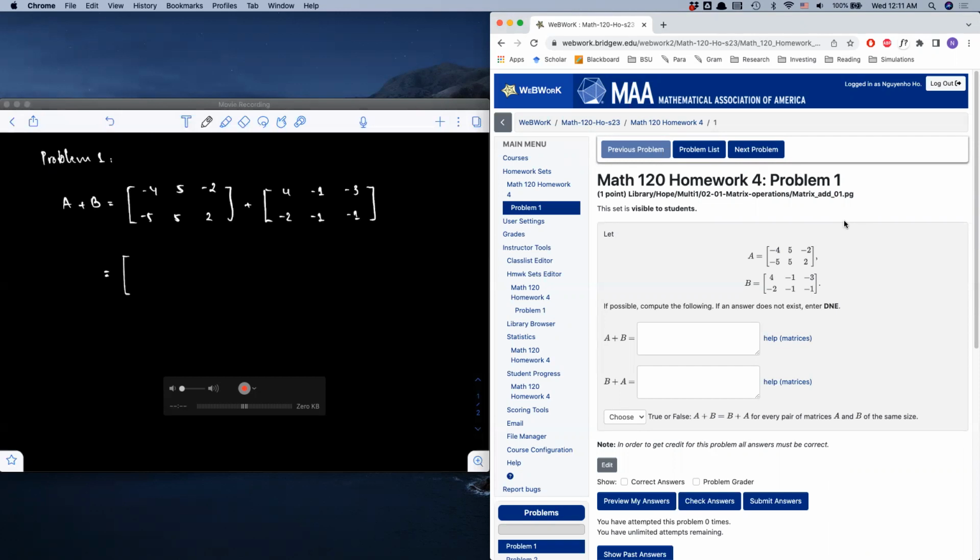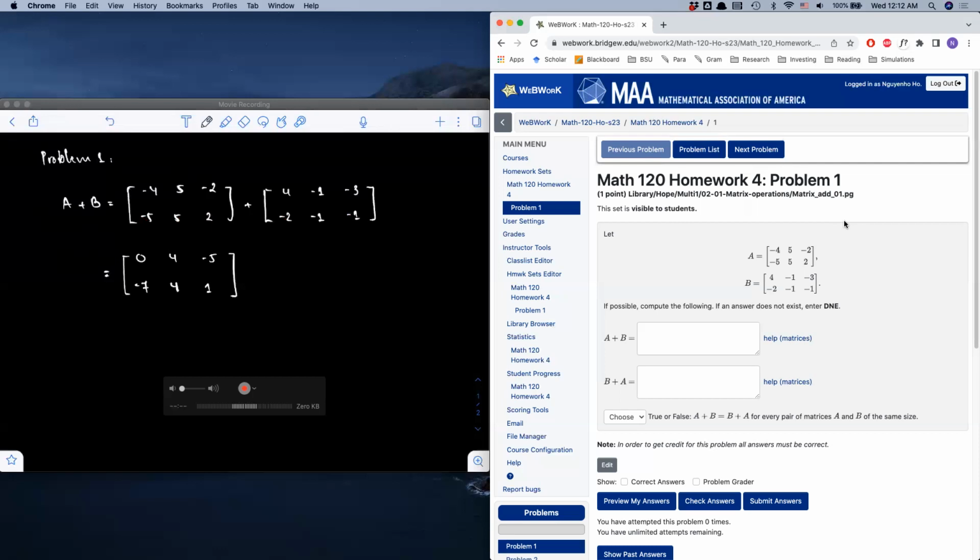So -4 plus 4 becomes 0. 5 plus -1 is 4. -2 added with -3 gives you -5. Then in the second row, -5 plus -2 is -7. Then 5 plus -1 is 4. And for the last entry, you get 2 added with -1 to get 1.